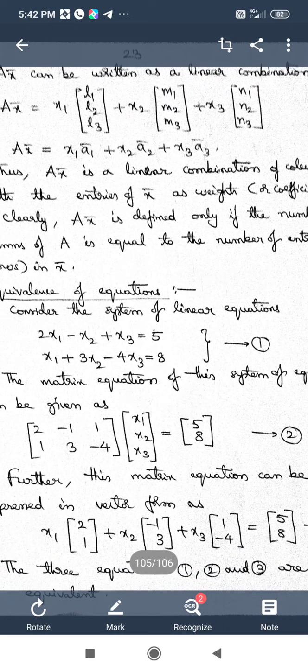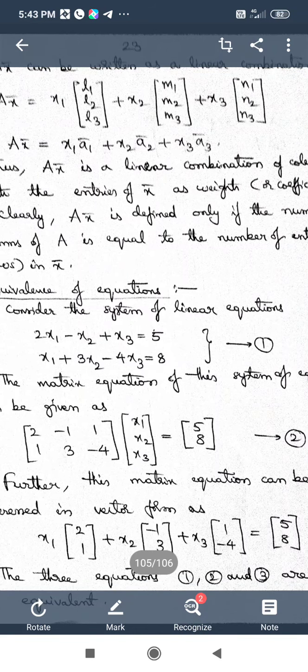Now consider the system of linear equations. 2x1 minus x2 plus x3 is equal to 5, that is the one equation I have taken. In the second equation I have taken x1 plus 3x2 minus 4x3 is equal to 8.